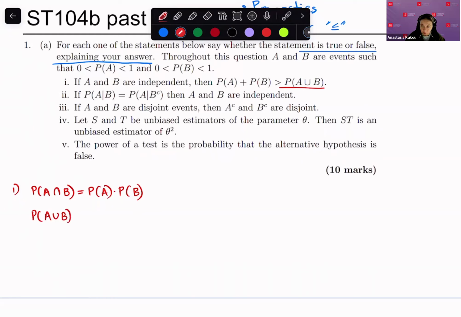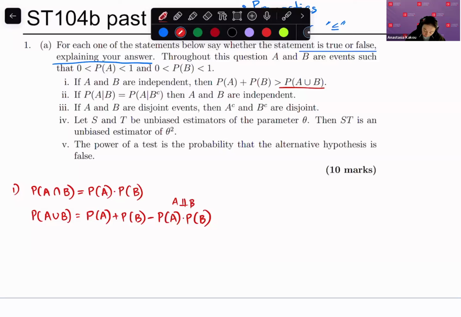By the property of the union, this is the probability of A plus the probability of B minus the probability of the intersection. Due to independence, that intersection is the product of the two, since A is independent of B.